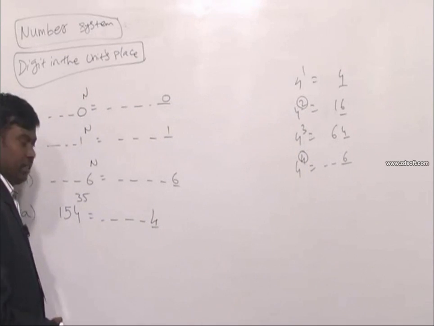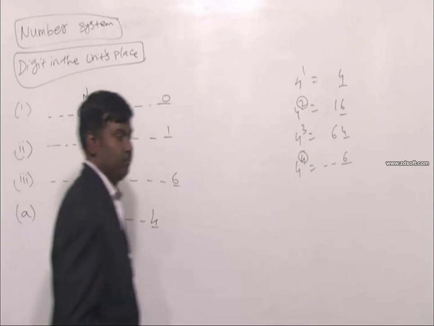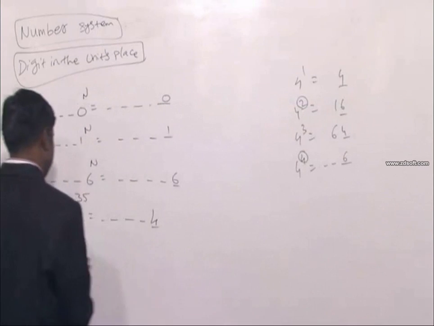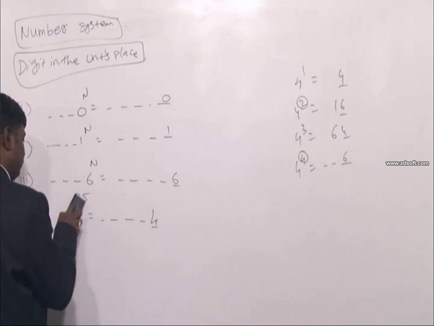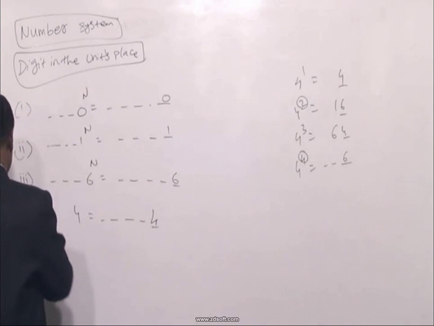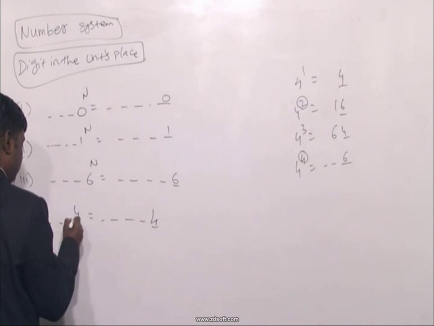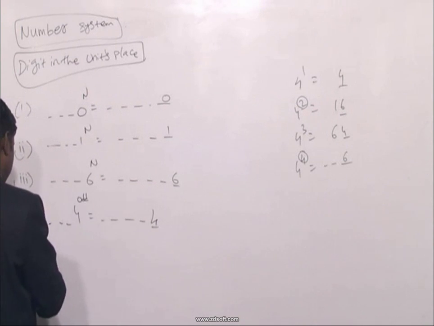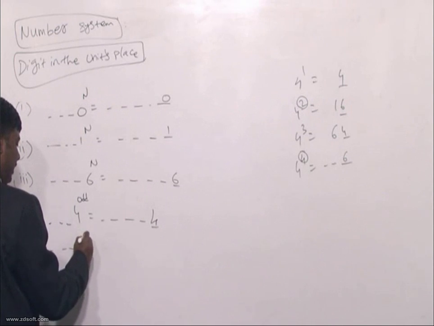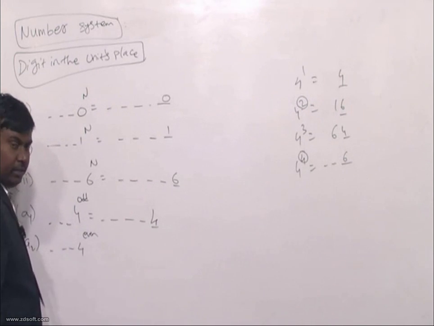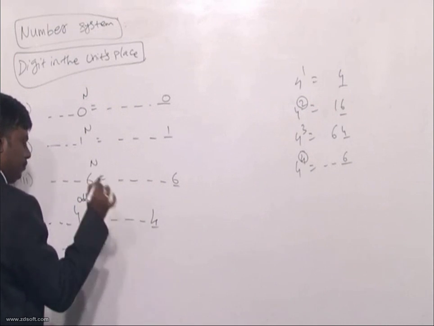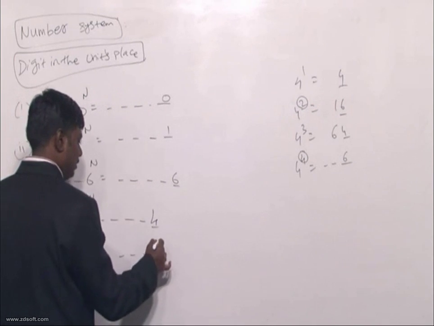So what do you understand? A number that ends with 4 power even natural number, you'll get 6.